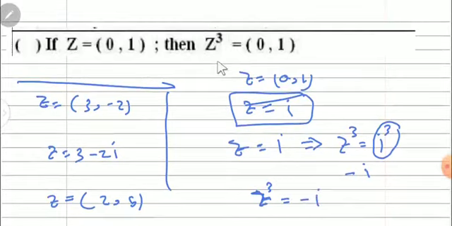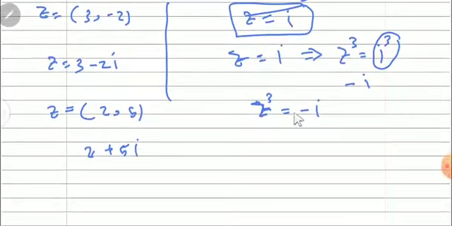But here, he wants us to give the value of z to the power 3 in ordered pair form, so we have to turn this into ordered pair form. So z to the power 3 equals, bracket here.